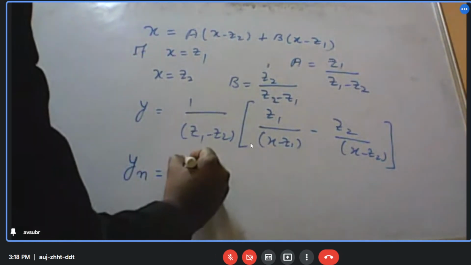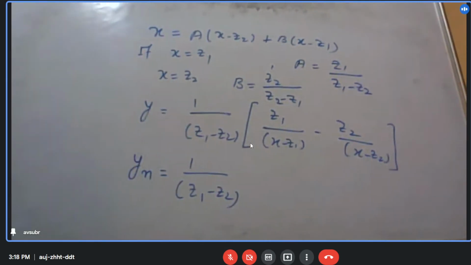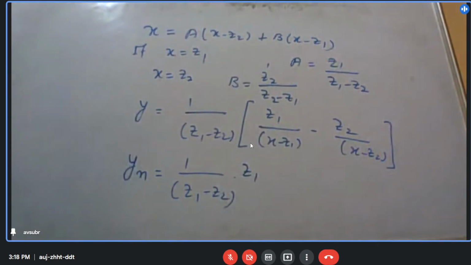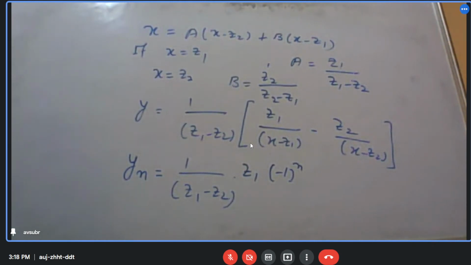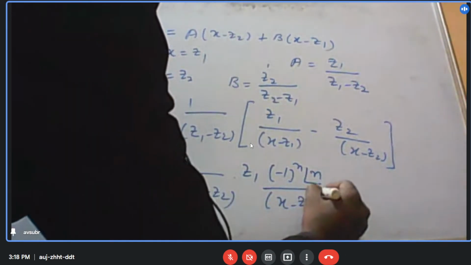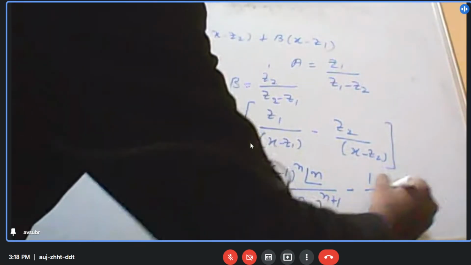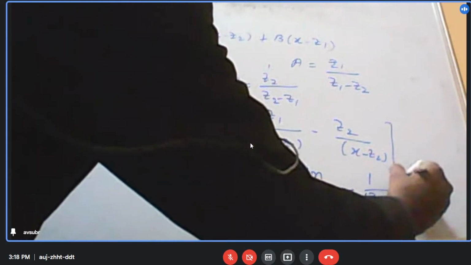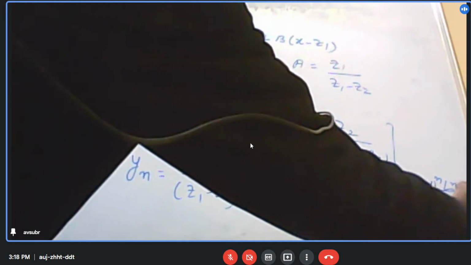So what will be the nth derivative? 1 by z1 minus z2 into z1 into minus 1 to the power n into factorial n by x minus z1 to the power n plus 1, minus 1 by z1 minus z2 into z2 into minus 1 to the power n factorial n by x minus z2 to the power n plus 1.